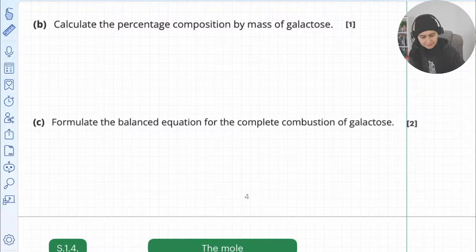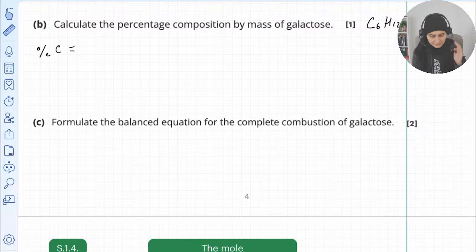Next, calculate the percentage composition by mass of galactose. Well, for that one, we do need the formula, actually, C6H12O6, which I just calculated. To calculate percentage by mass, the percentage of carbon would be the mass of carbon atoms divided by the total mass, right? So if I say that I have 1 mole of galactose, it means that I have 6 moles of carbon.